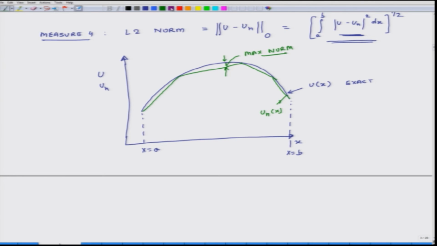And my L2 norm is this red area. It is this red area.